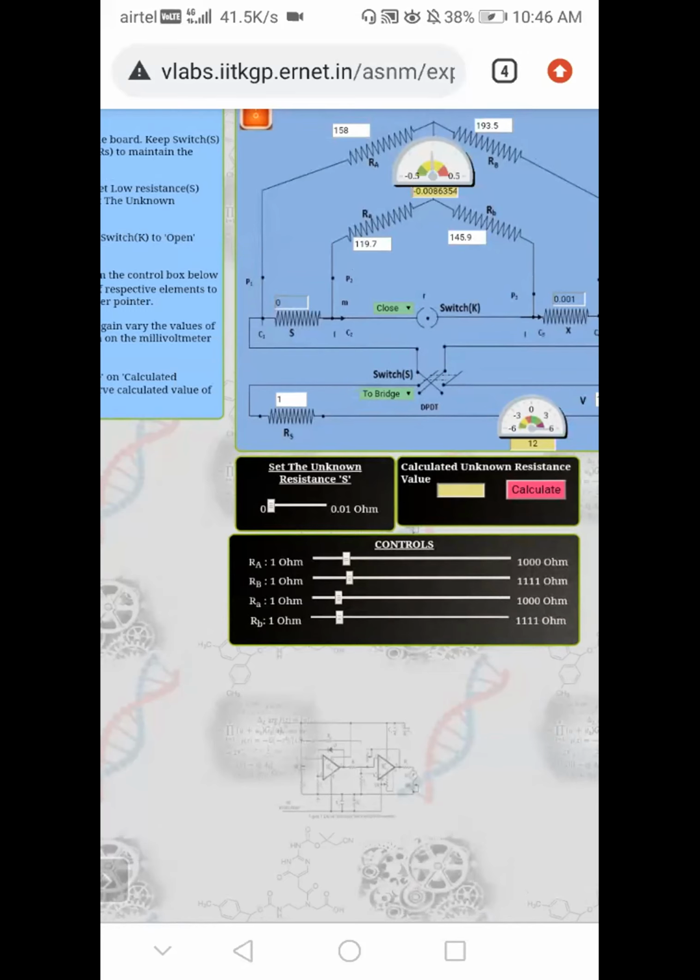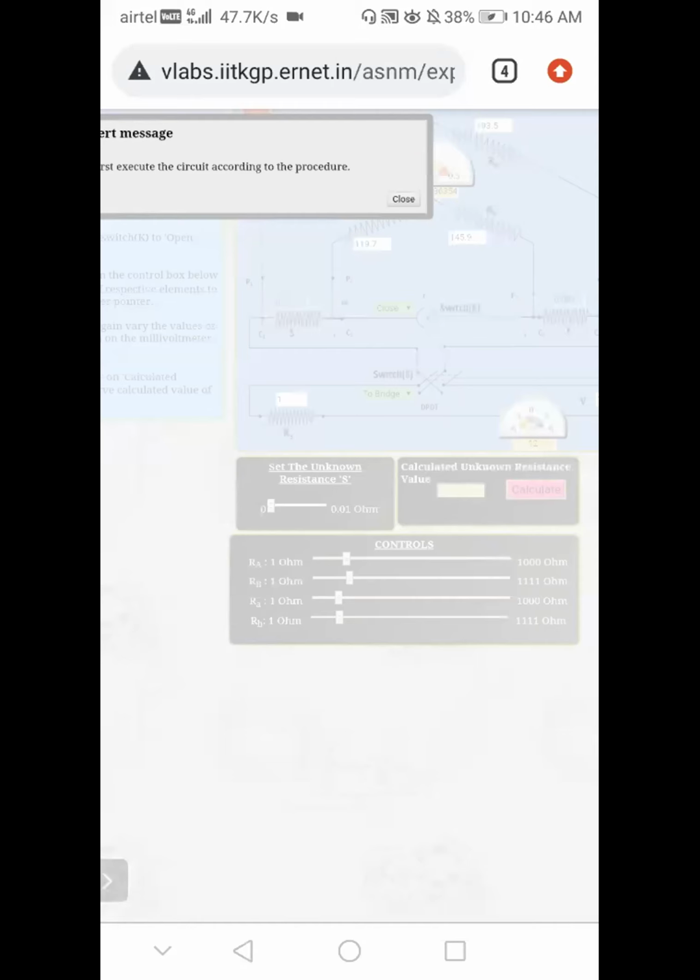Then calculate. Push the button of calculate.